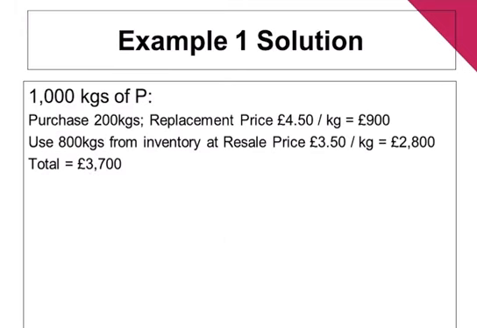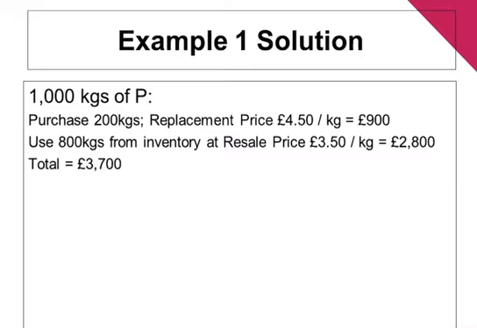Well, for 1,000 kilograms of P, the answer is that we purchase 200 kilograms, and we do that because we only have 800 in stock. So that's quite straightforward, and you pay the latest price, as you would expect to do. And so that works out at £900. Now the rest is quite tricky.